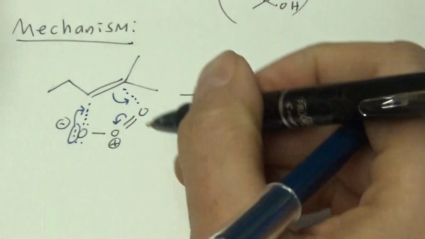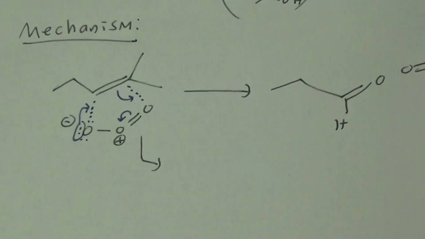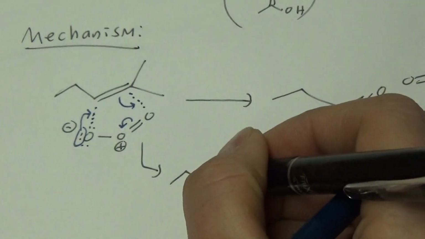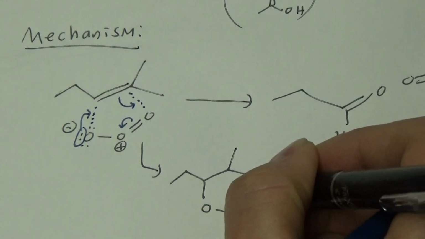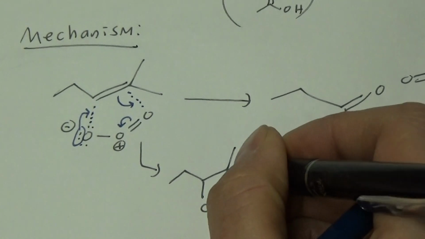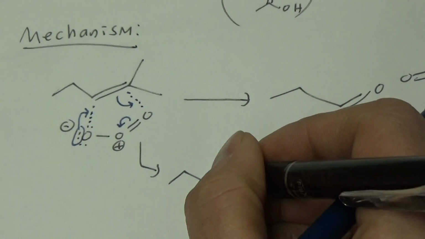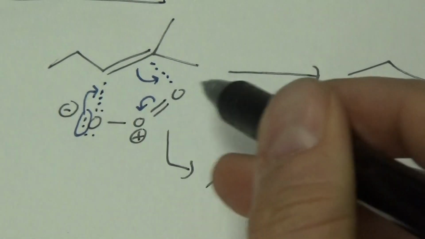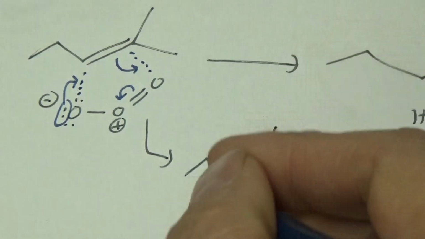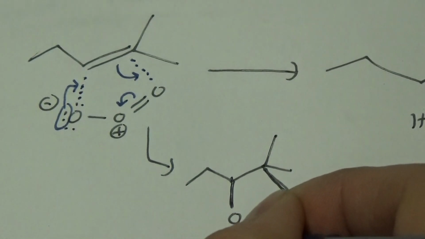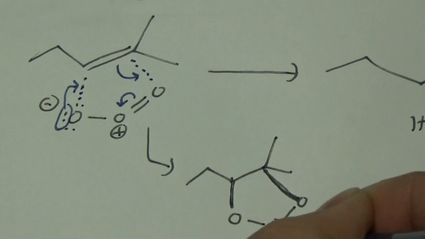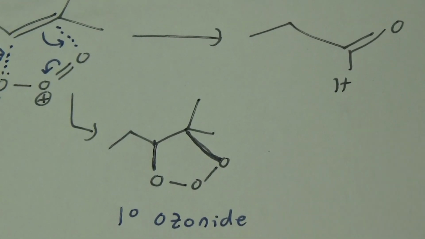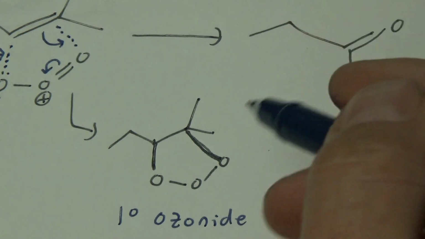It simply gives you oxygen, oxygen, oxygen. It just snapped ozone onto the molecule. This has a name. It's called a primary ozonide. Okay?